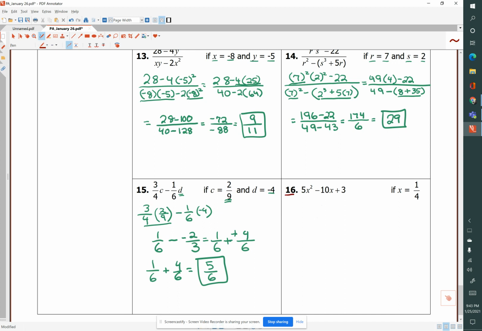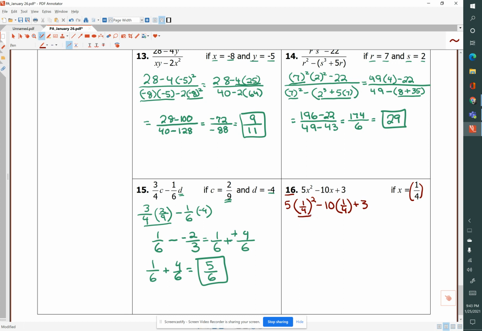Okay, so here we are at our last problem. We have one substitution, 1/4, and that will go wherever we see x. So 5 times 1/4, and that is squared, minus 10 times 1/4 plus 3.